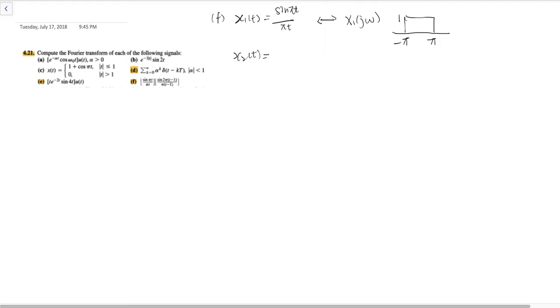And the second signal is sine 2 pi t minus 1 over pi t minus 1. If you look at the signal, you will realize it's a sinc signal with a time shift.